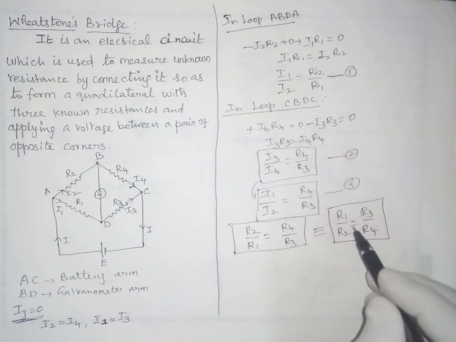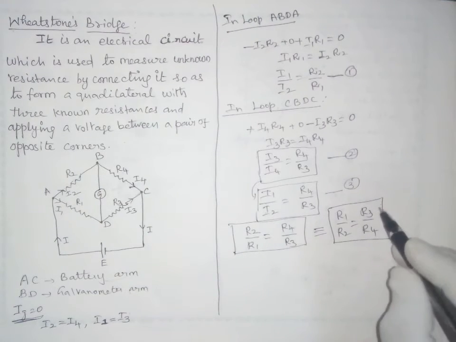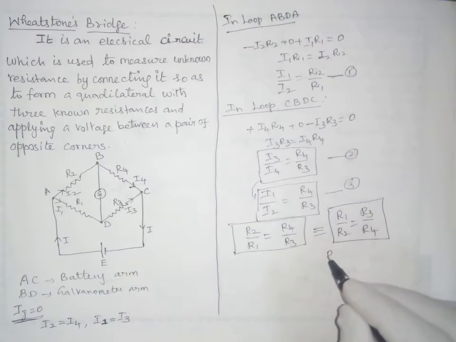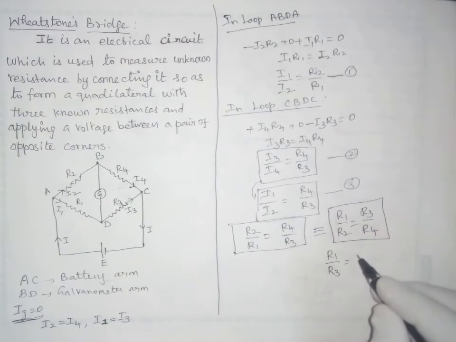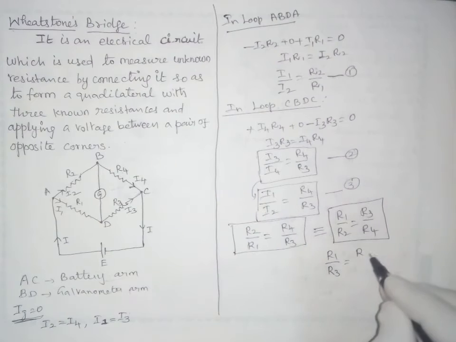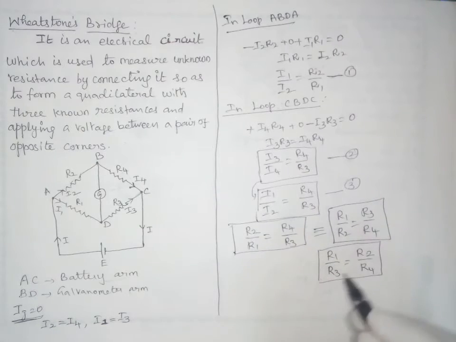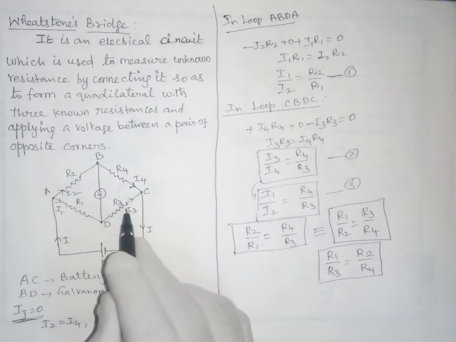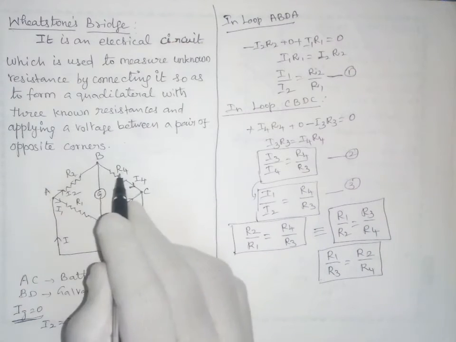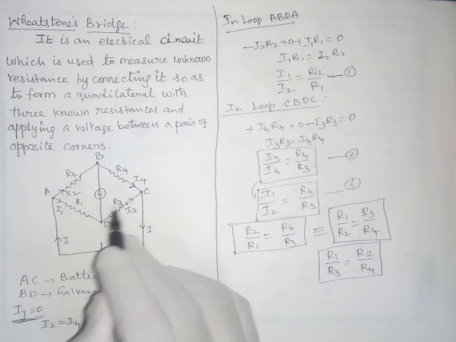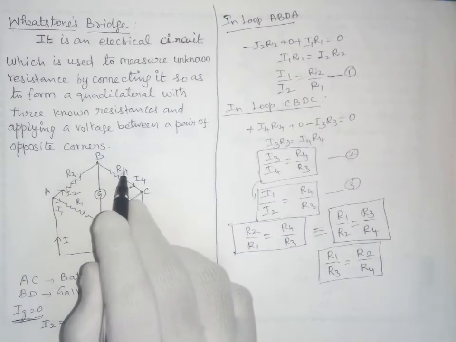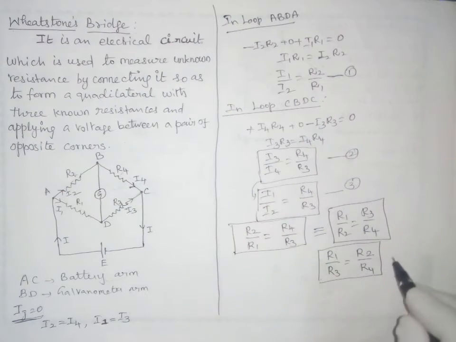Another way we can write is to just exchange the corners. So we can write R1 by R3 equal to R2 by R4. In the same way, R3 by R1 equal to R4 by R2.